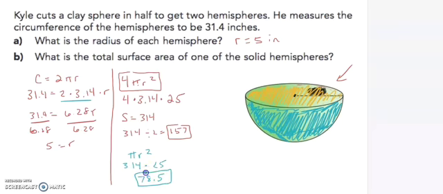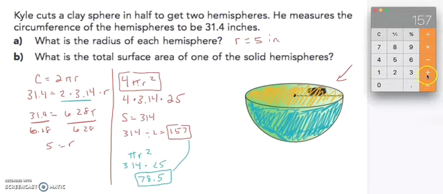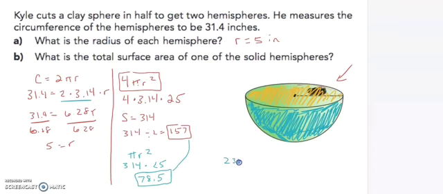So the blue part down here, the area of this blue part is 157 inches squared, and the area of this flat yellow circle is 78.5. So we have to combine those two. When we combine 157 and 78.5, I think we get 235.5. So that's going to be inches squared.